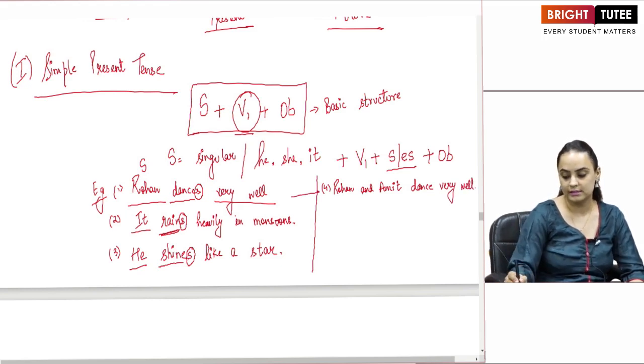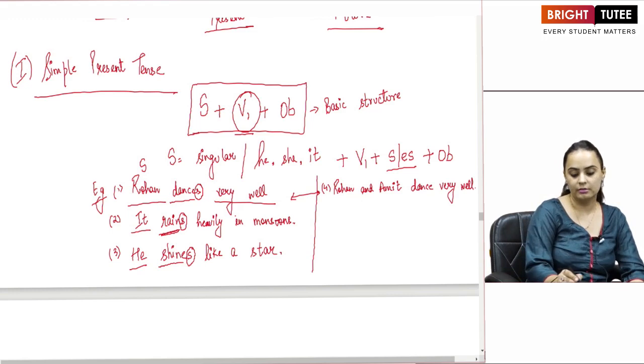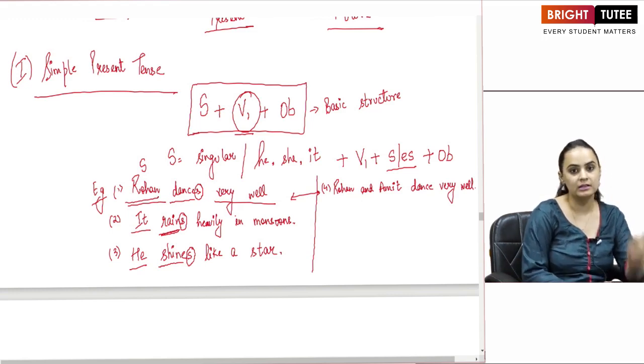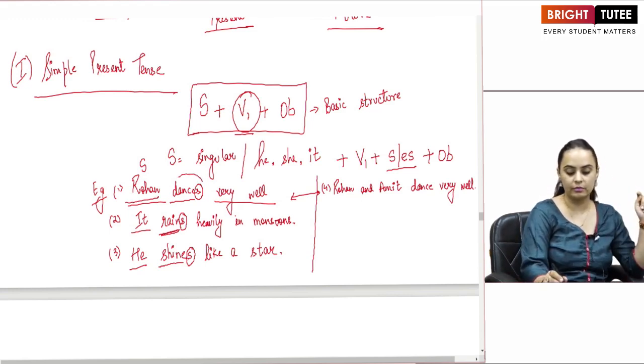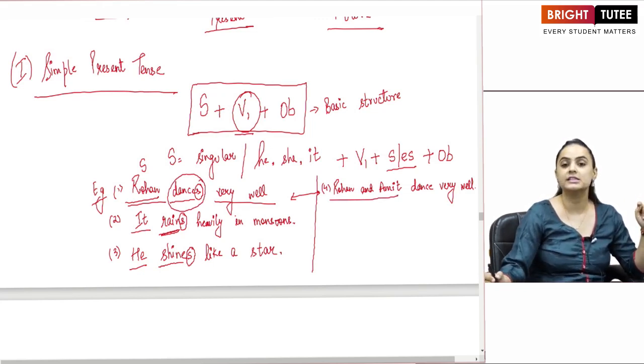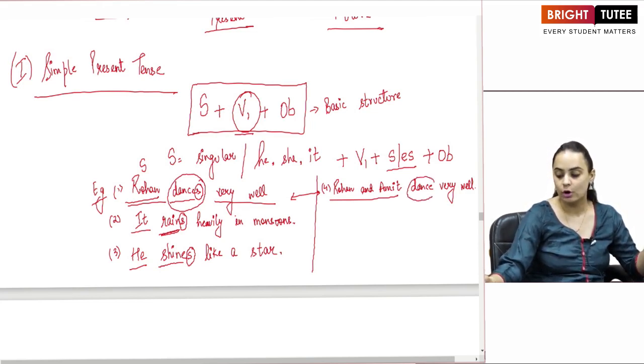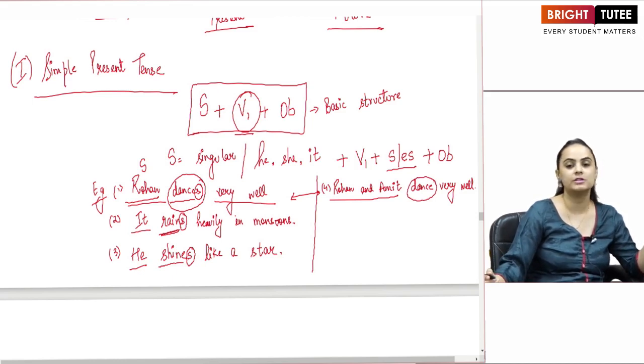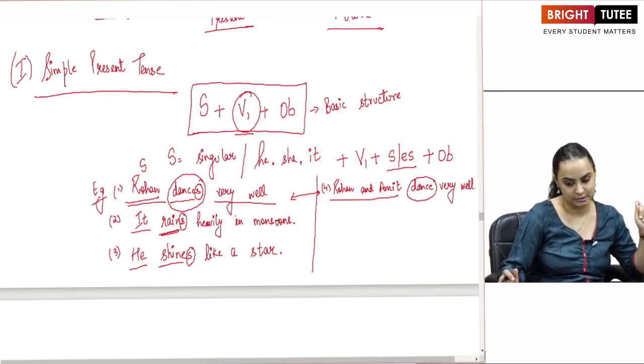Now just look at the sentence. Here my subject was only Rohan, singular, that is why my verb was dances. Here my subject is plural, Rohan and Amit, plural. That is why there is no s or es at the end of the verb, it is only dance.